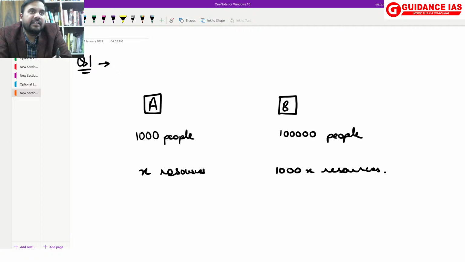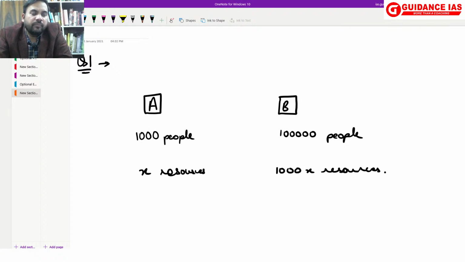Very clearly, it is B here, which compared to A is less populated. Here I am comparing. B seems to be less populated. Okay? But tell me, can I say that still it is not very clear?